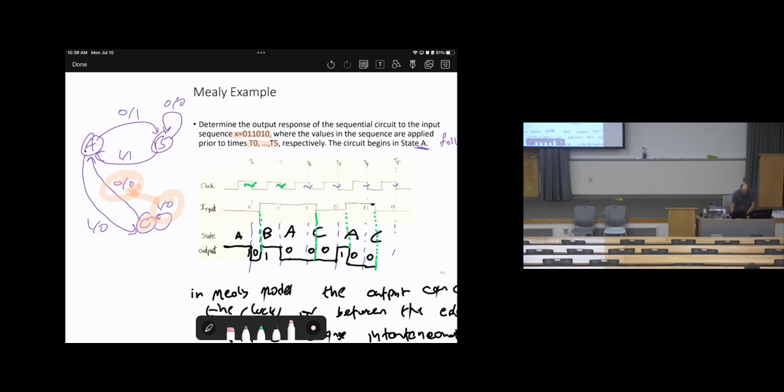So it will remain 0. Wait until the next update here. We are with C, and it is 0 over 0, which makes it go to A. So the next state will be A.